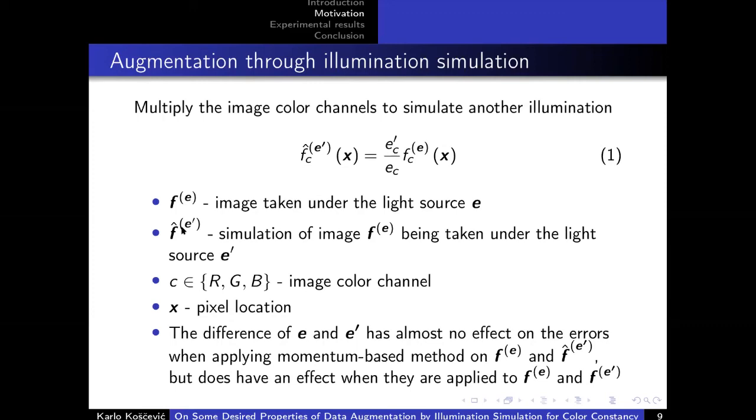But we do get an effect if we apply them to the original image captured under the original light source E and the same scene captured under the light source E dash. So when we apply the methods on real data, not simulated data, we see the difference. But when we apply the methods on simulated data, we do not see any difference in the behavior of these two methods.